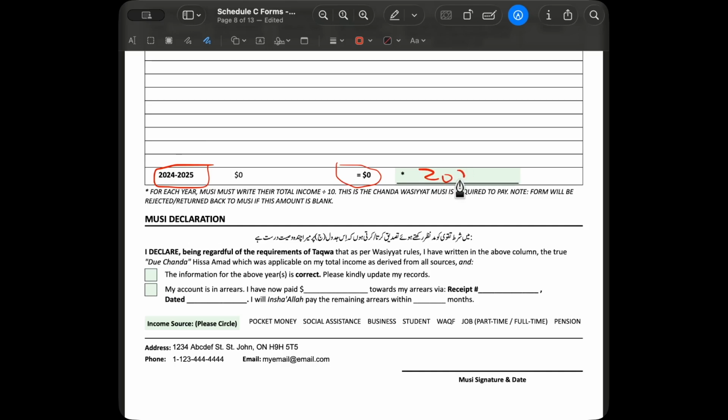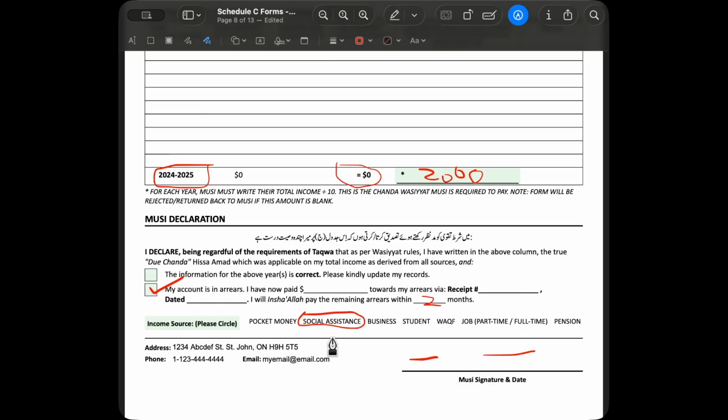Then he will write down this amount here and he will circle social assistance and sign and date here. And of course, he will have to tick mark here when he will pay his arrears of $2,000, let's say in 2 months.